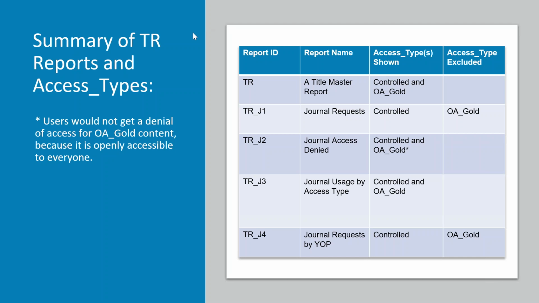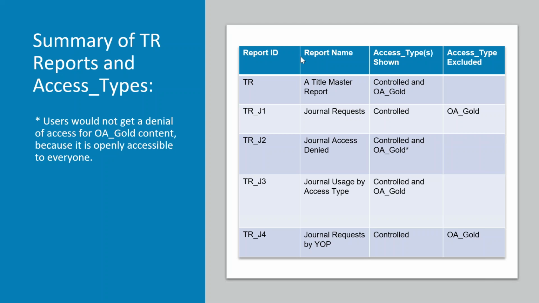I have put a little asterisk here to remind me to mention that the TRJ2 report is about journal access denied. And although OA Gold is not excluded from that report in terms of the requirements of the Code of Practice, you wouldn't really expect to see OA Gold as an access type in that report, because the users, of course, should not have received any denial of access to get to an OA Gold article.